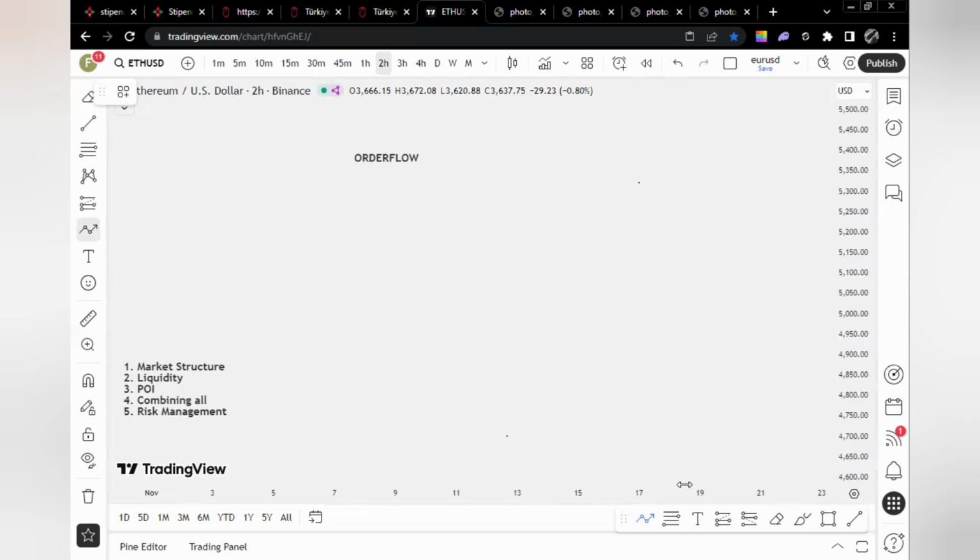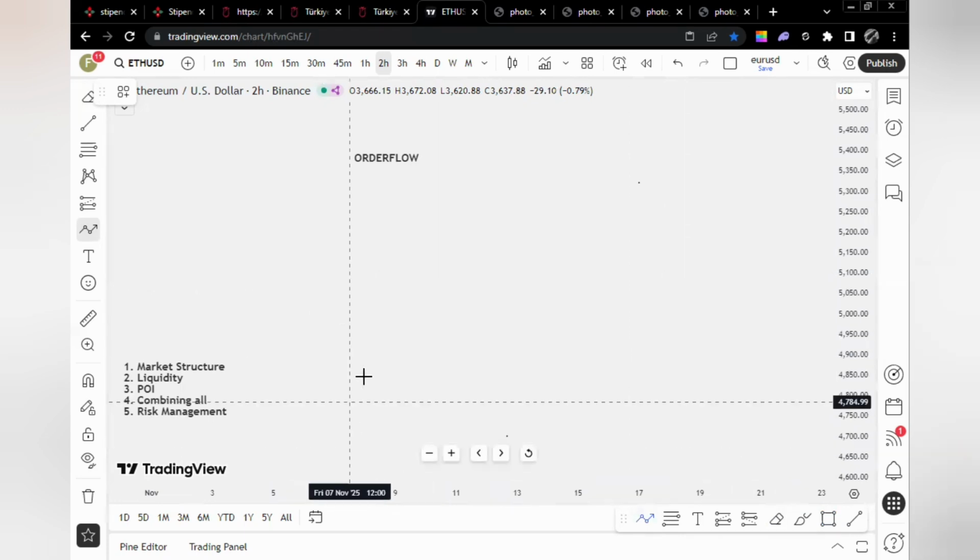Now the order block, in its simplest definition, is the last upward or downward candle before a rise or decline in price movement. What do I mean?